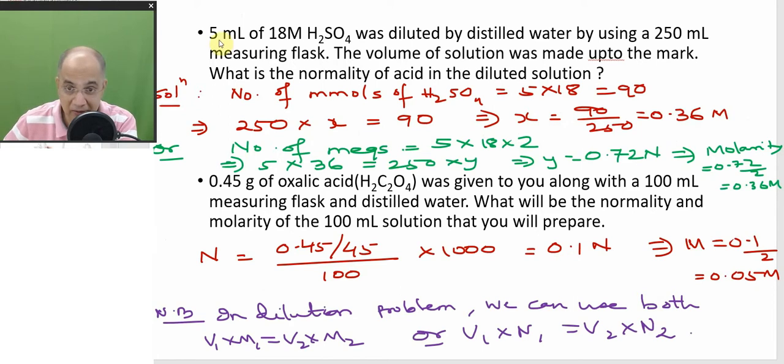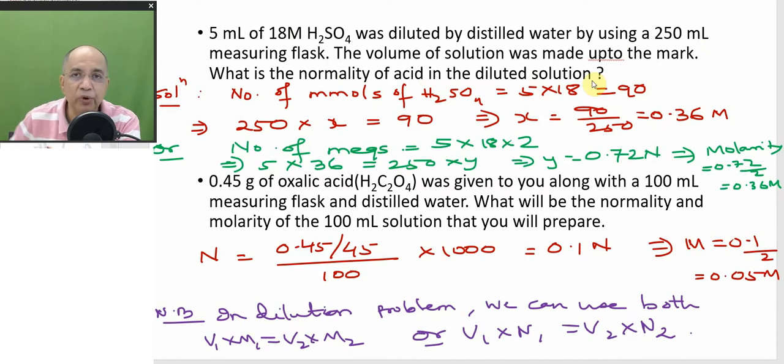Just read out with me. 5 ml of a concentrated 18 molar sulfuric acid was diluted by distilled water using a 250 milliliters measuring flask. That means the total volume will be 250. The volume of the solution was made up to the mark. What is the normality of the acid in the diluted solution?